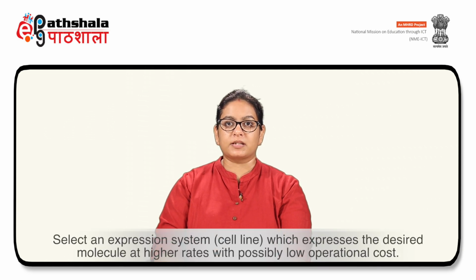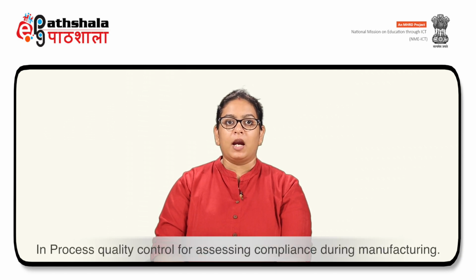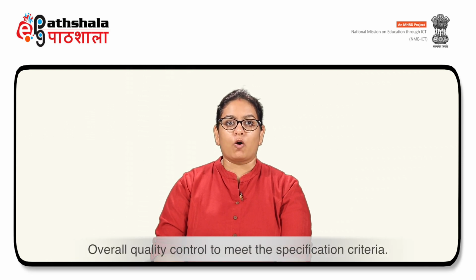Select an expression system or cell line which expresses the desired molecule at high rates with possibly low operational cost. Number 2. Culture media selection and optimization of culture conditions for higher yields. Number 3. In-process quality control for assessing compliance during manufacturing. And lastly, the overall quality control to meet the specification criteria.